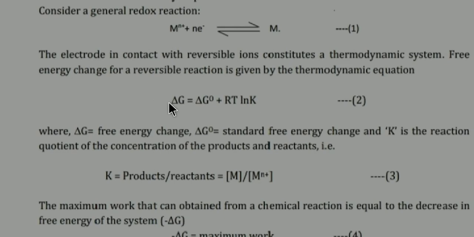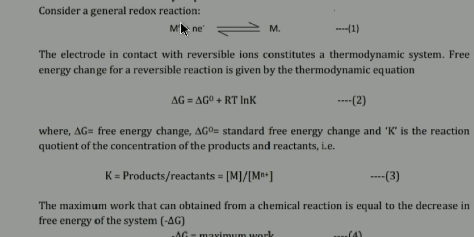Here in equation 2, delta G is the free energy change, delta G naught is the standard free energy change, R is the gas constant and T is temperature, and K is the reaction coefficient of the concentration of the products and reactants. This K can be given as the molar concentration of product divided by the molar concentration of reactant.